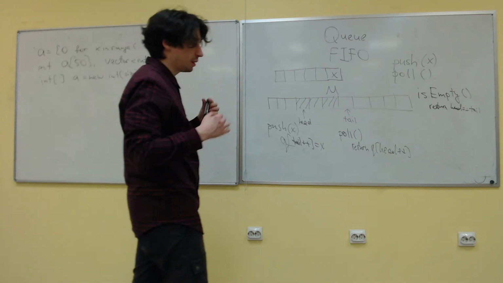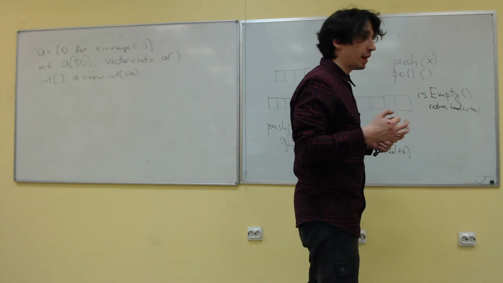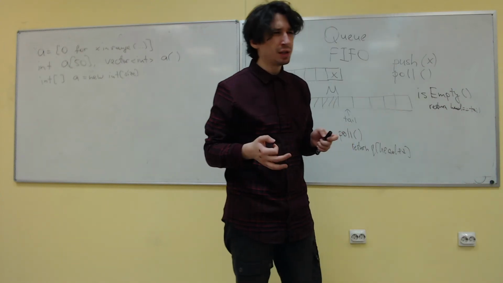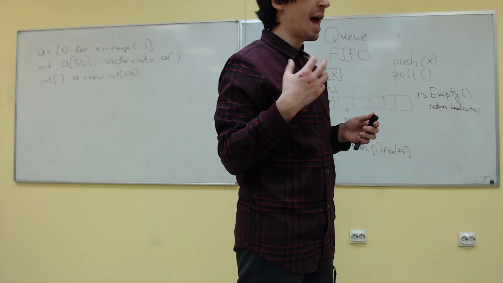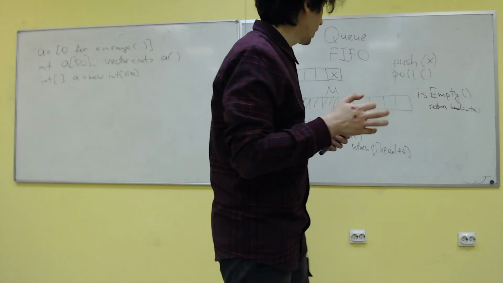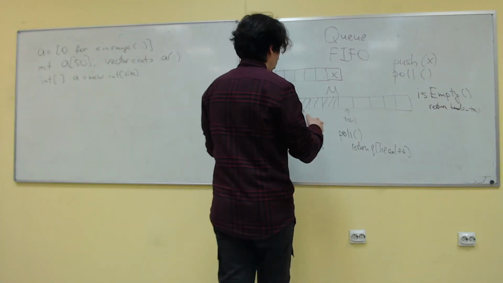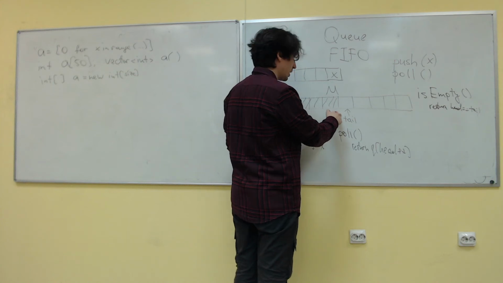Again, let me rephrase the question. Suppose that we know that at any moment the length of the queue cannot be higher than m. What can we do in order to simulate the queue using head and tail and an array of size m?